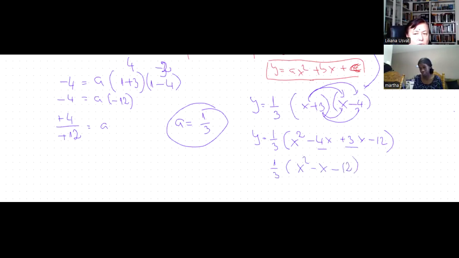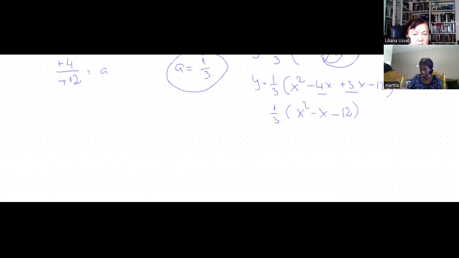We continue. y equals 1/3 x squared minus 1/3 x minus 12 divided by 3, which is 4.